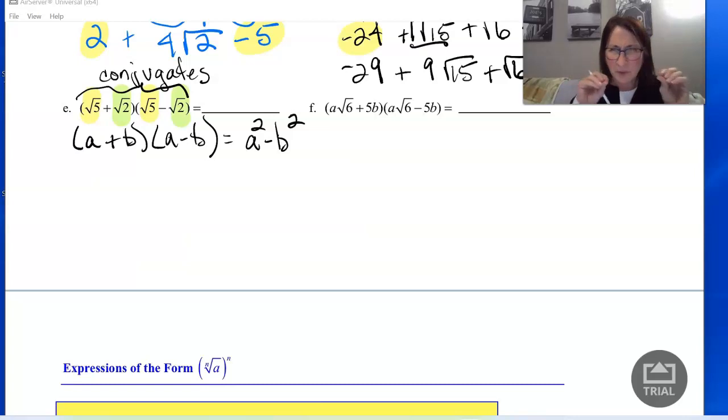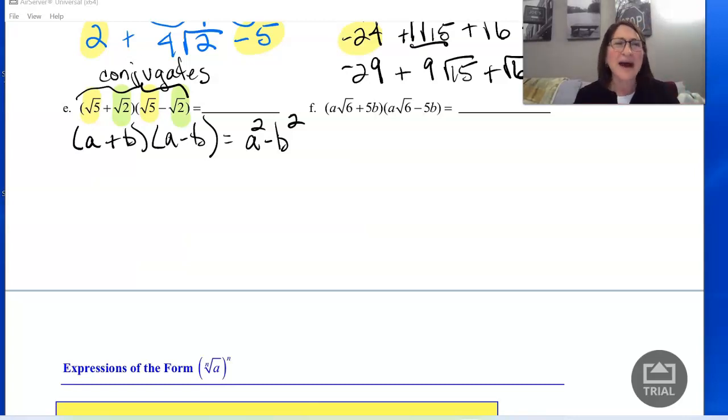I kind of screwed that up the way I said it the first time, so let me say it again. Conjugates: your terms are the same. So if they both have an A, they both have a B. The only thing that's different are the signs. One's addition, one's subtraction. So that is always going to give you the difference of two squares.